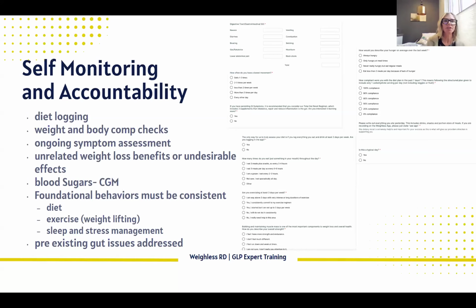Okay, so self-monitoring and accountability. We definitely want to make sure that we're doing our job to monitor the right metrics, the right things, when trying to help patients. But it is so important for patients to be accountable as well. I think just as dietitians, we're so used to having to create and plan and tell people what they should be doing, when that really doesn't do a whole lot. It's kind of like motivational interviewing.